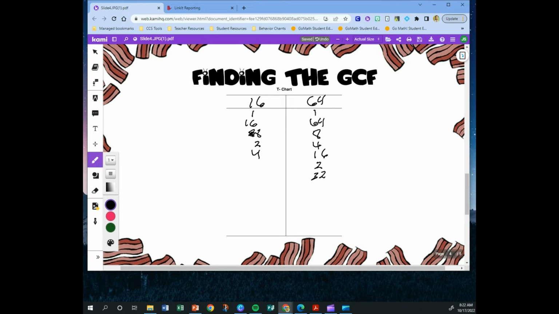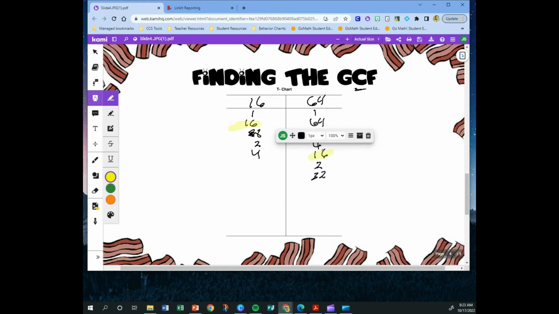Now, looking at those two lists of all of the factors, I can figure out which one of those numbers is the greatest common factor. The common factor is a number that's going to be on both sides of the chart, a number that I can multiply to get to both 16 and 64. And the largest of those numbers is our greatest common factor, which in this case would be 16.